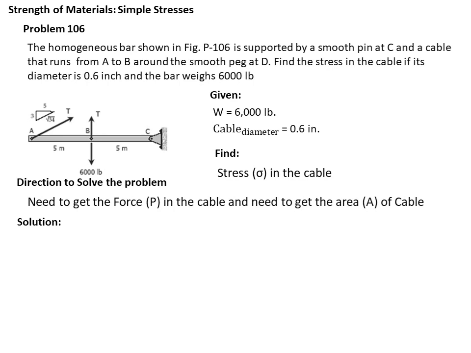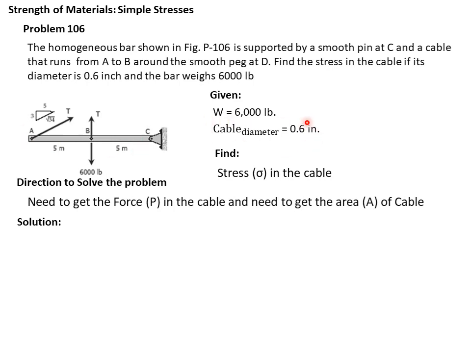Okay, so this is the illustration. We already cut the cable, so the internal force will appear. The 6,000 pound is located at the center of gravity of the bar. It is always located at the center of gravity. So this is 5 meter, 5 meter. So the center of gravity is in between, at 5 meters, since it is 10 meters.